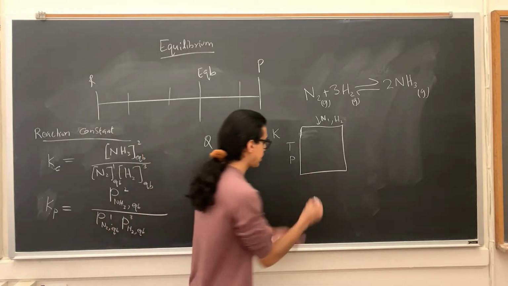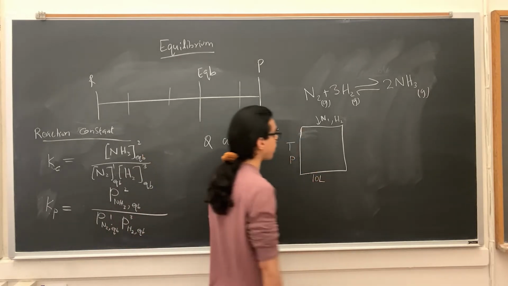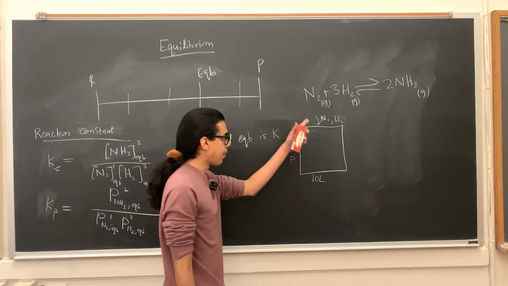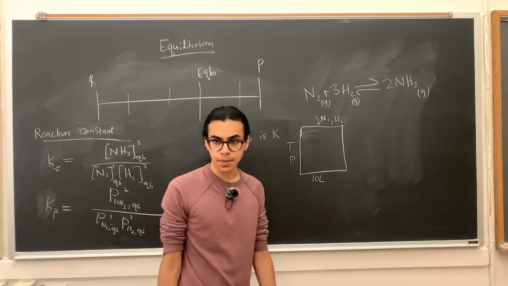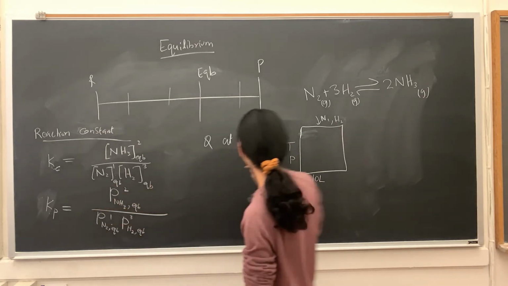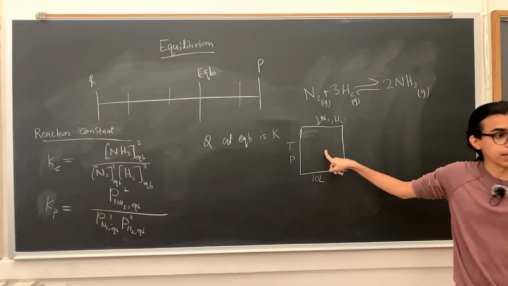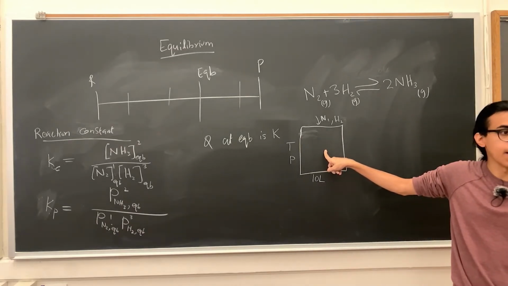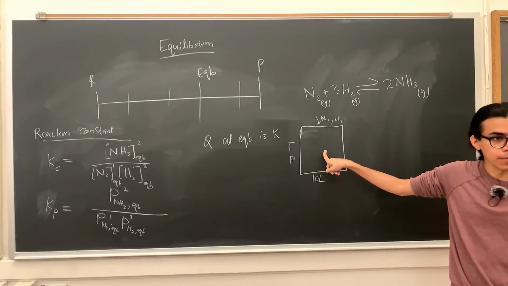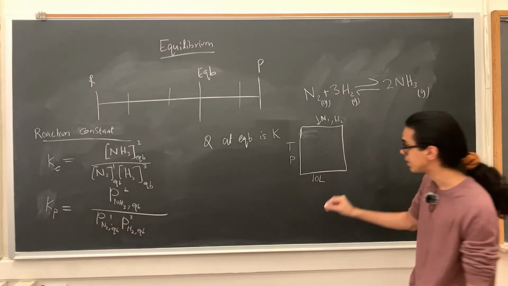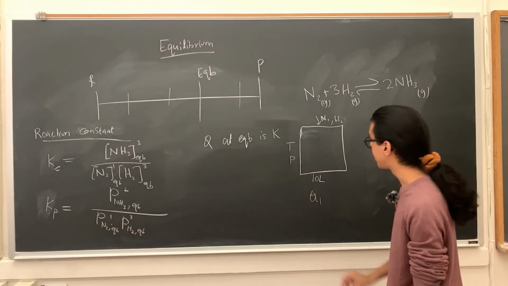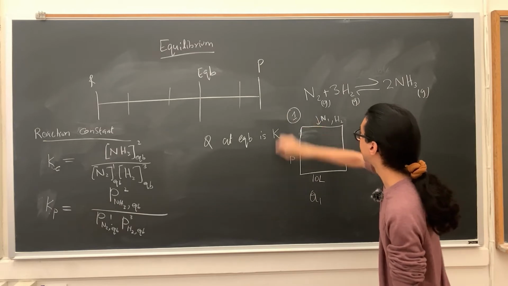And suppose this is 10 liters volume. I put it in, I let the reaction happen, and then I calculate the reaction quotient at equilibrium. It will have some value, right? At equilibrium, Q will come to some value. Let's call that Q1 because this is our first setup.